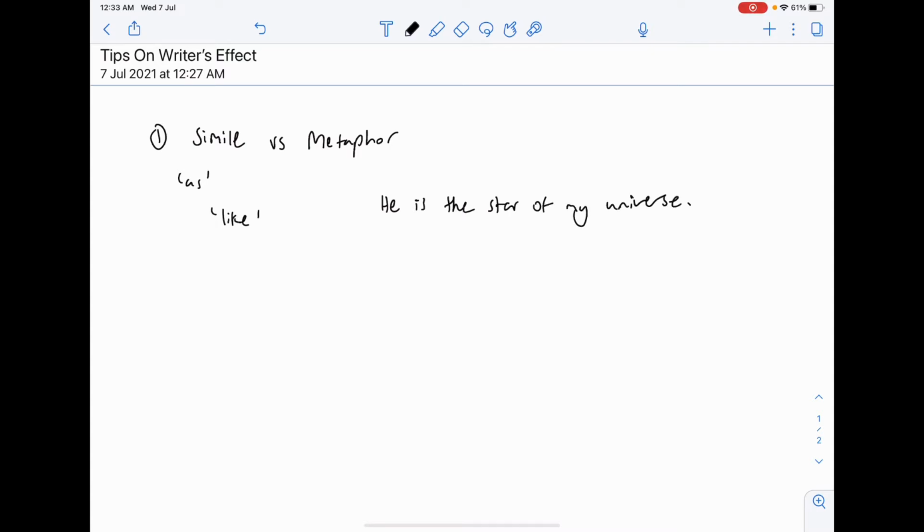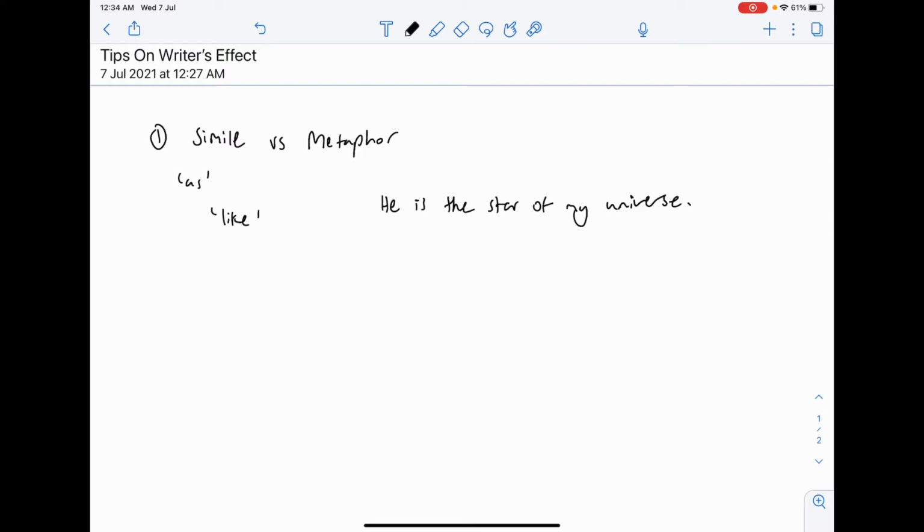Okay, so this is a metaphor because nobody can literally be the star of the universe. That's not a thing. A person cannot be a star. So when we say he is the star of my universe, it simply means that he is very important to me. He is everything to me, and he's how I live on.